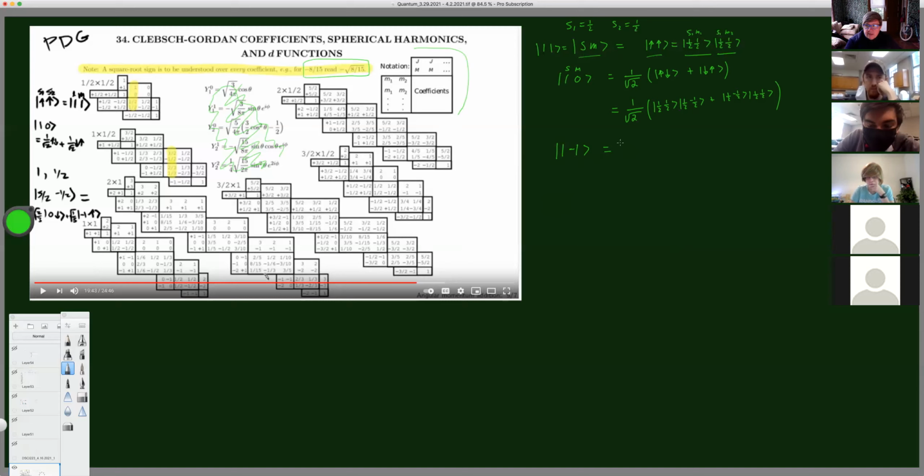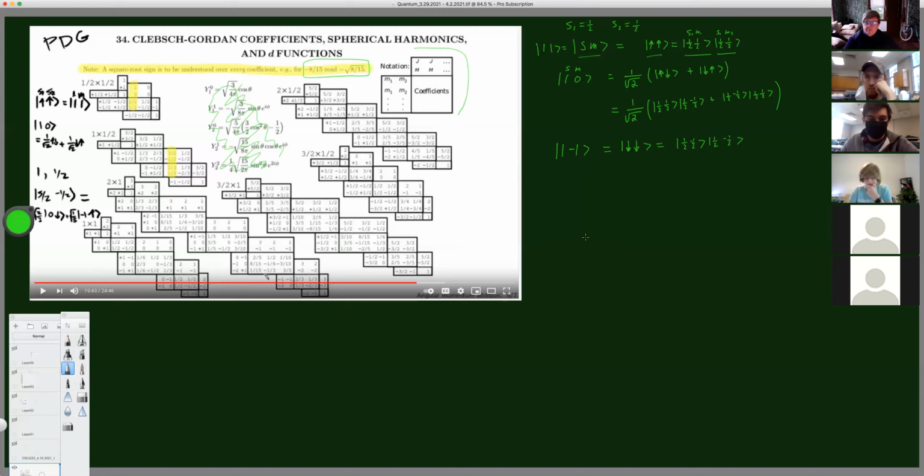This one is the shorthand notation like this, which of course is just S1 equal 1/2, M1 equal 1/2, and times S2 equal 1/2, M2. Oops, wrong. Thank you. This is minus. They're both down.